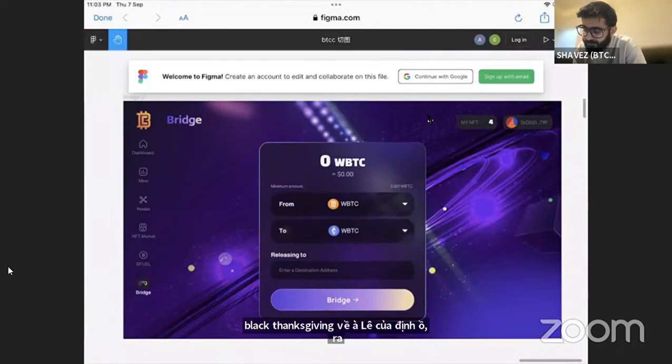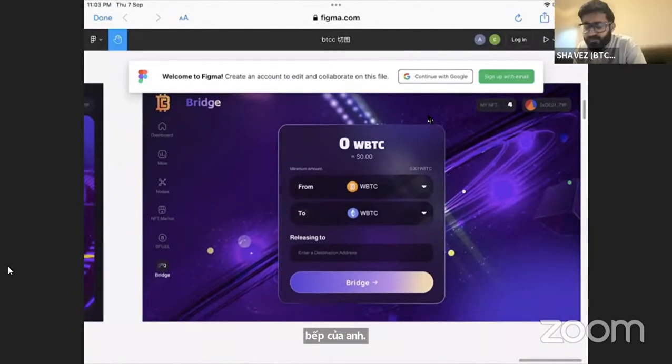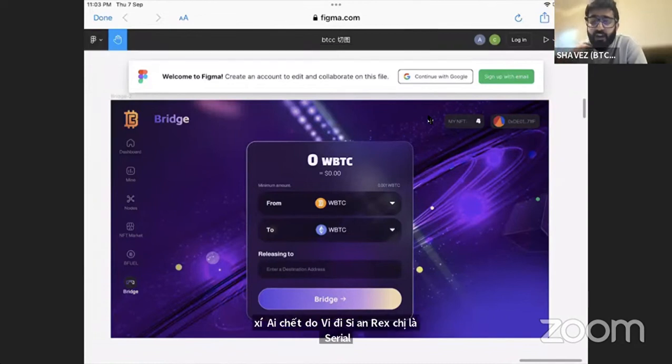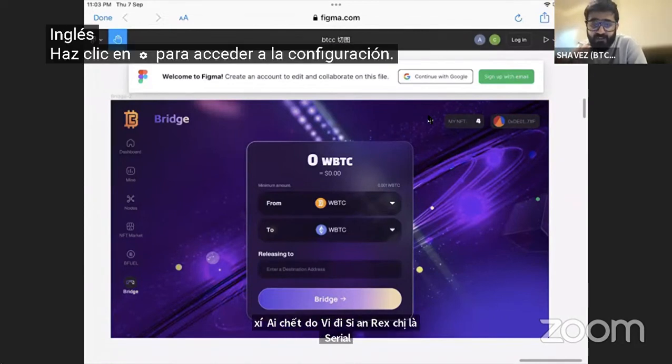And last is the bridge, where you can harvest your BTCC and bridge it. Once you harvest, you will get wrapped BTC on our chain, the BTC 20 chain. But you need to move your money out. So you will have to bring your Ethereum wrapped Bitcoin address from any exchange, any wallet.